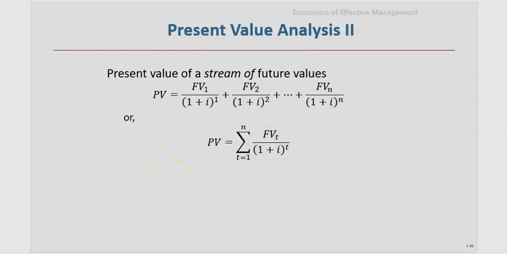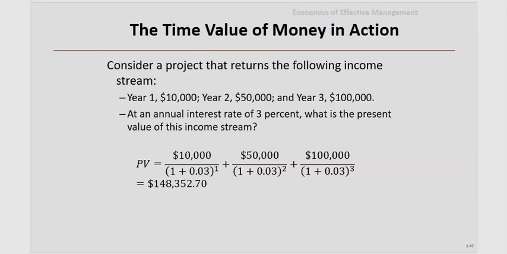All right, and the book likes to do these examples, and they call it "in action." It's because it sounds exciting when you say that. So imagine a business is considering a project that would generate revenues in year 1 of $10,000, year 2, $50,000, year 3, $100,000.